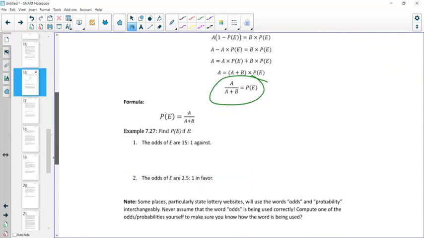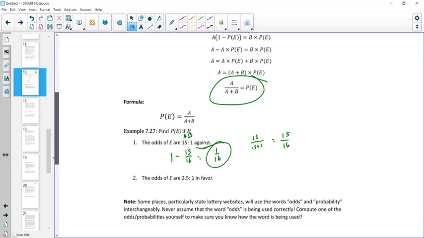So the odds of E are 15 to 1. Find the probability of E. So it would be 15 over 15 plus 1, 15 over 16.